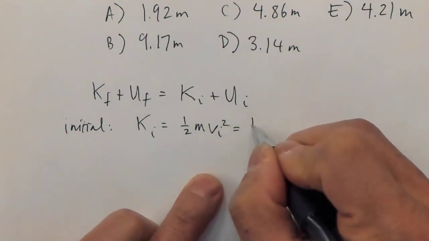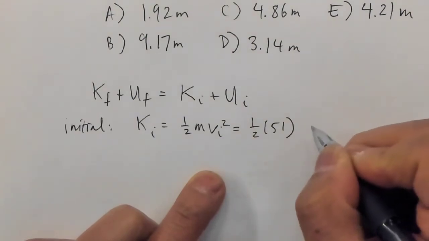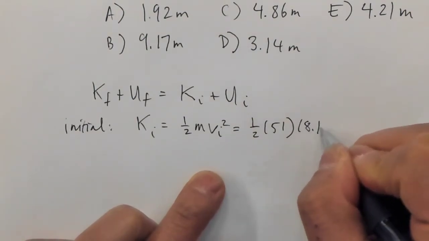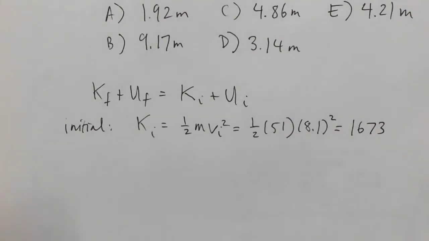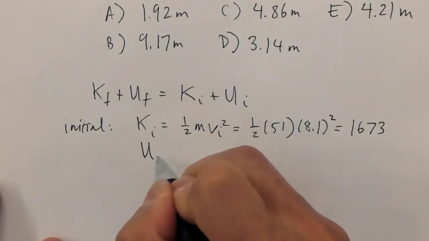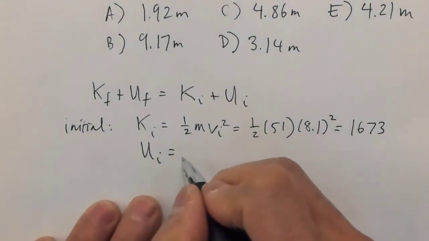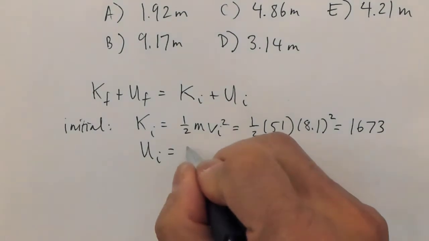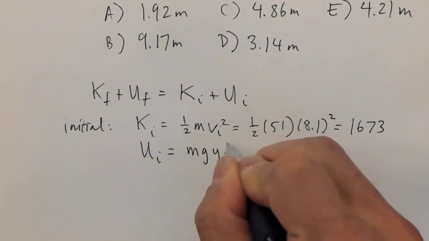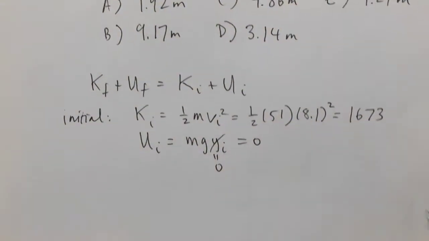So we have 1/2 times the mass, 51, times initial speed, 8.1 squared. That comes out to 1,673. The U initial is, let's say we start from the ground, that's y equals 0. So m g y initial is 0.